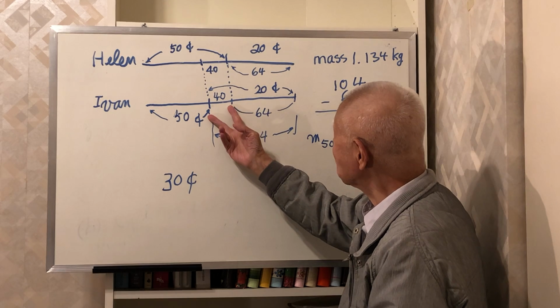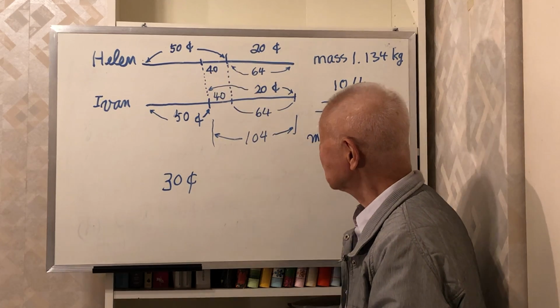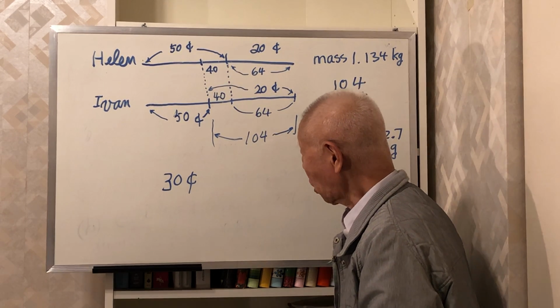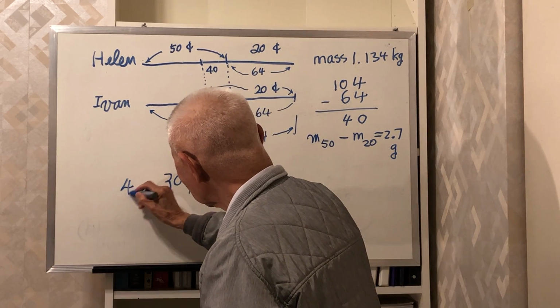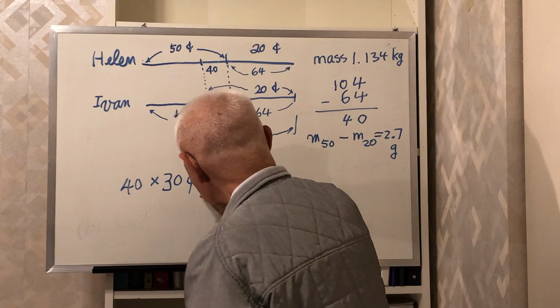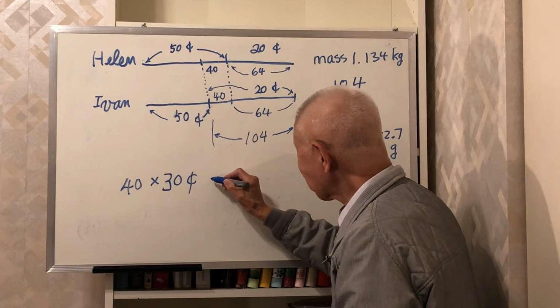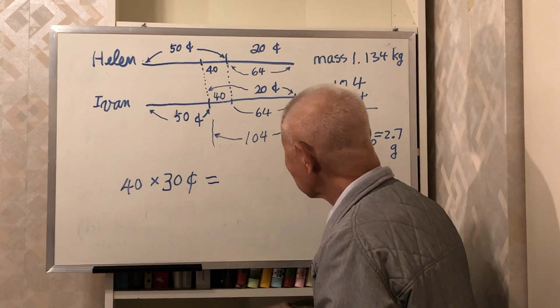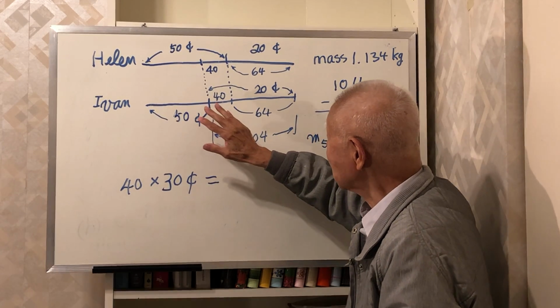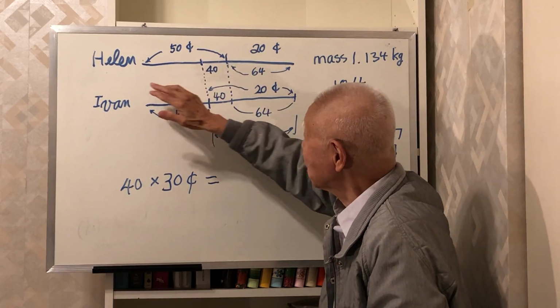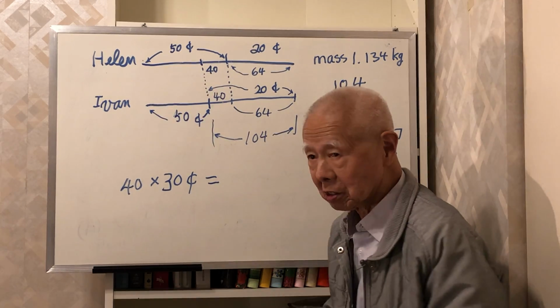But how many coins are here? 40. So 40 times 30 cent. That's the value of Ivan's coin less than the value of Helen's coin.